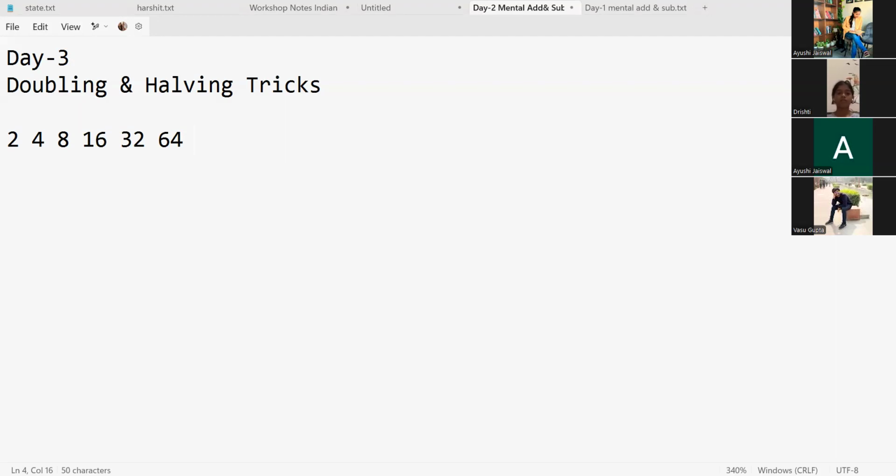Basically, in these methods we are using multiplication and division. Using doubling means multiplication, and using halving means division, because halving means half.